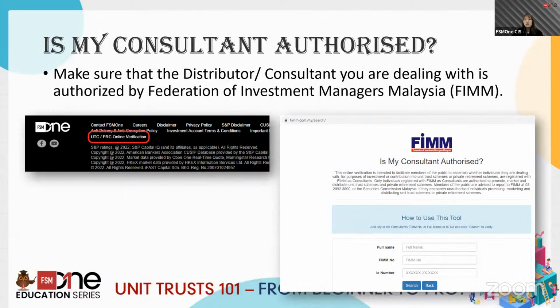So earlier we talked about investing into unit trusts. We must speak to an authorized unit trust consultant. The distributor and the consultant of the unit trust scheme will be able to guide and help investors choose the unit trust that is more suitable to their needs and investment goals. Investors have to make sure and be careful that the distributor or the consultant they are dealing with is authorized by the Federation of Investment Managers Malaysia, FIMM.